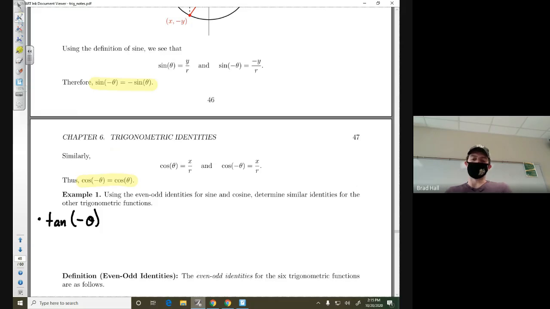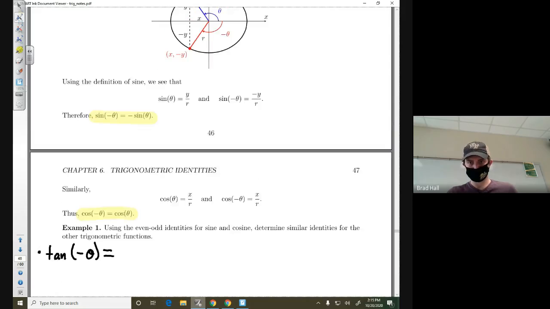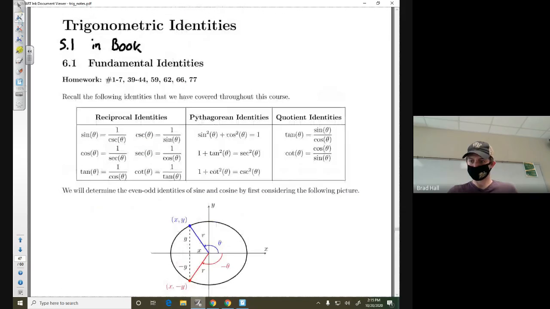So the problem says we need to use sine and cosine in order to take this problem further. Now I have a tangent. I don't see a sine or cosine anywhere. Well, it's a good thing that tangent can be broken down into sine and cosine. How can it be broken down? Use a quotient identity.